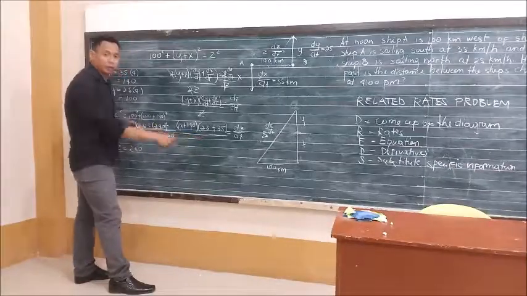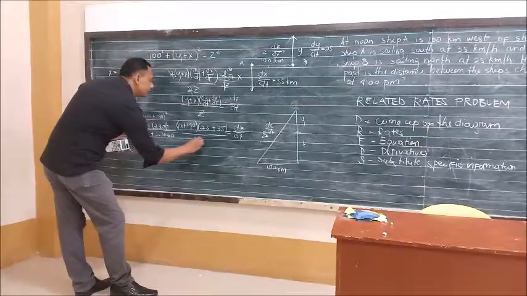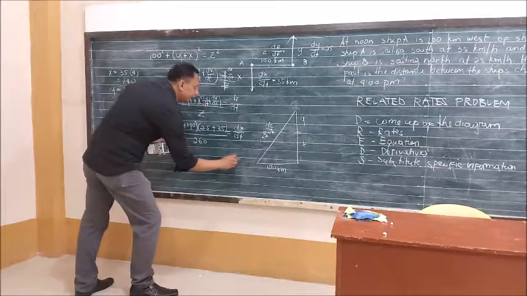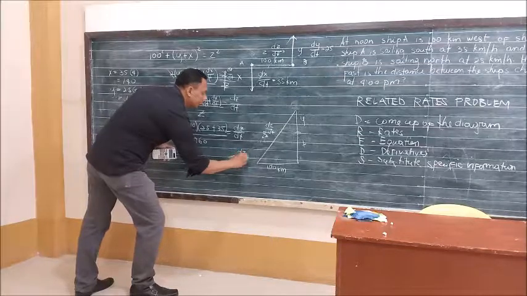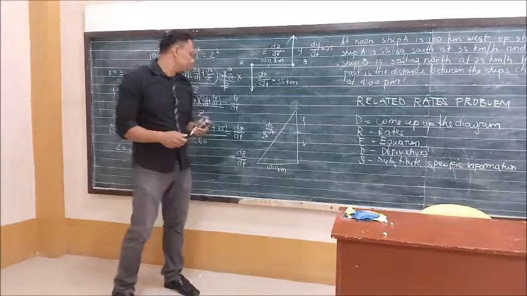So we can have the denominator of dz/dt. So this is 260. So we can now find the value of dz/dt, which is the target of our problem.